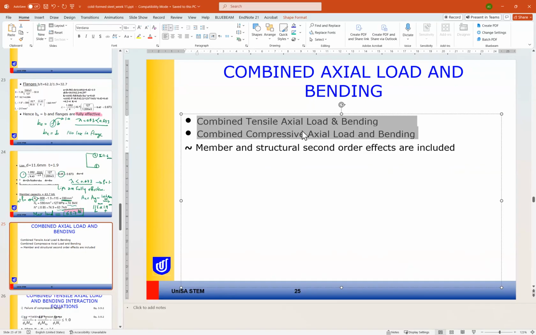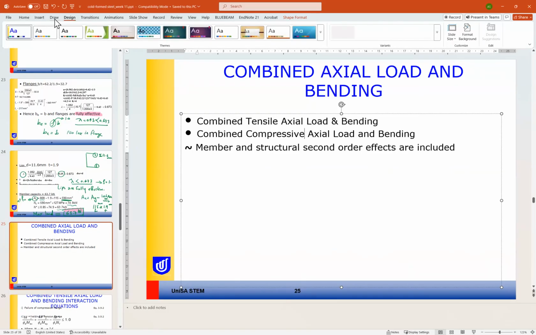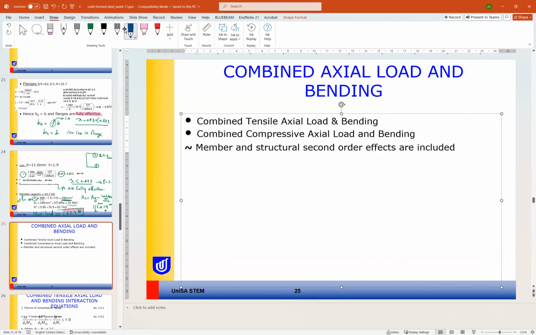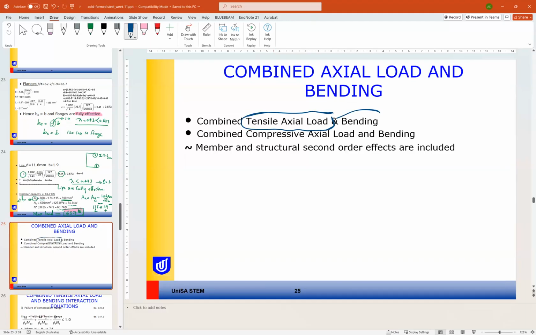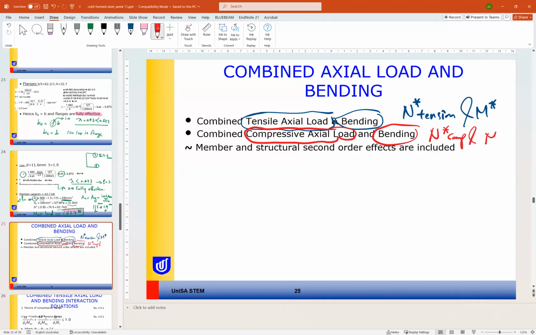One case is combined axial tension and bending, so we have N tension and moment. The second one is compressive axial load with bending, so we have N asterisk compression and moment.